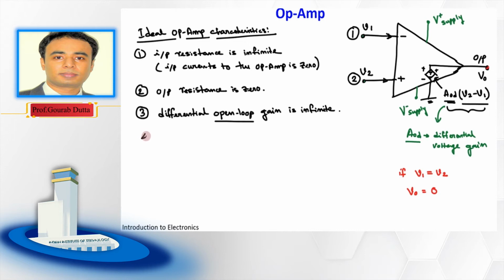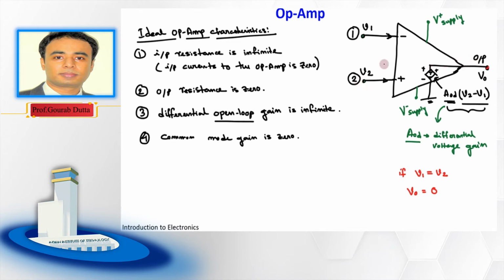So this is another important property of this ideal op-amp, that is the common mode gain is 0. So that means if you apply the same signal between terminal 1 and terminal 2, and if the signals are the same, then the output voltage is 0.